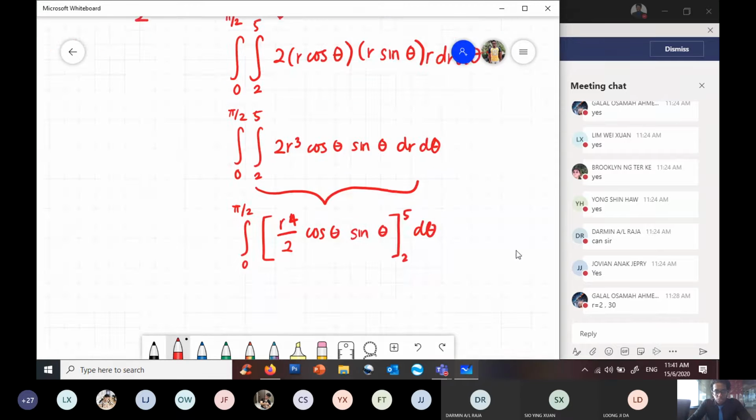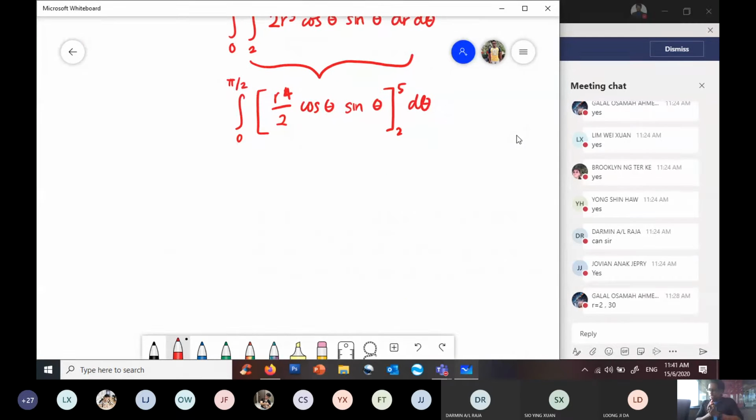Okay. So yes, I did this question just now before the class to make sure I don't do it wrongly. And when I substitute in 5 and 2, you can try it out. What I got after I substituted it was 609 over 2, and then a cos theta sine theta. This is what I got.